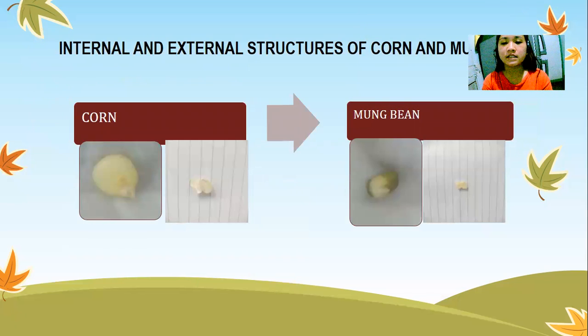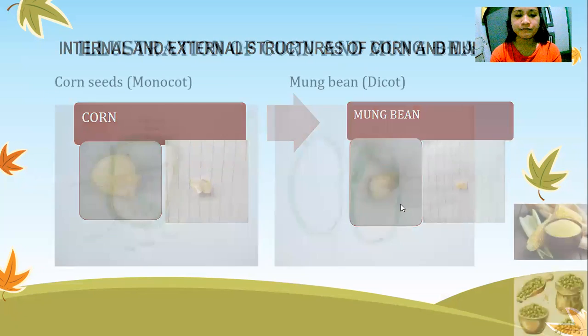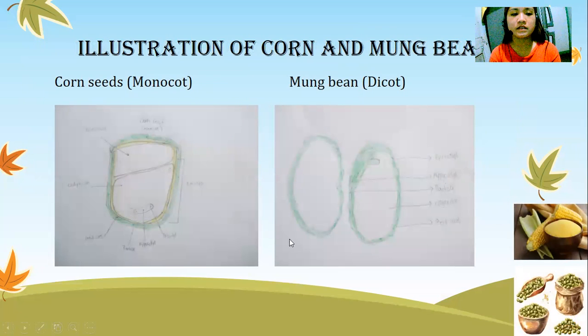So, the internal and external structure of corn and mung bean. Here are the pictures of the internal and external structure of the corn and the mung bean. This is the illustration that I made for the corn seed and the mung bean.